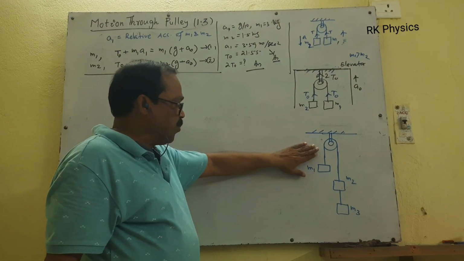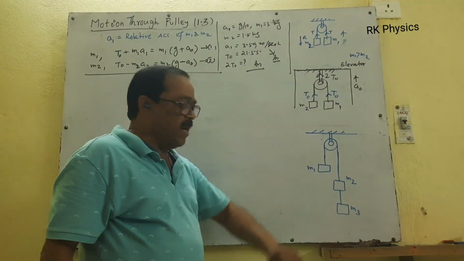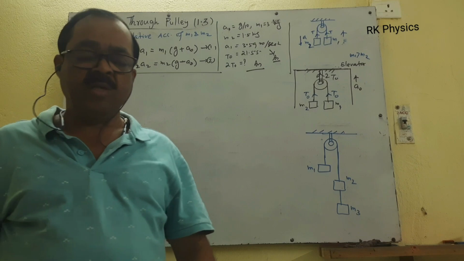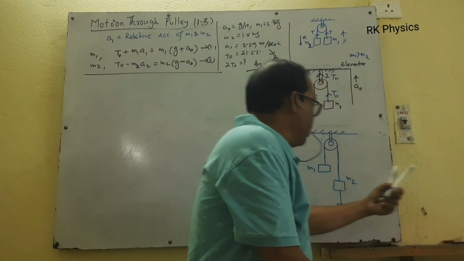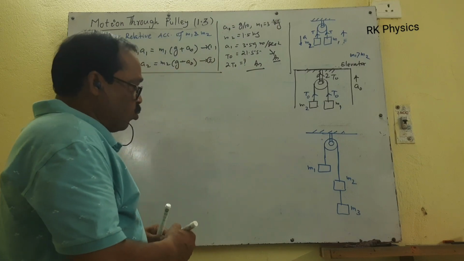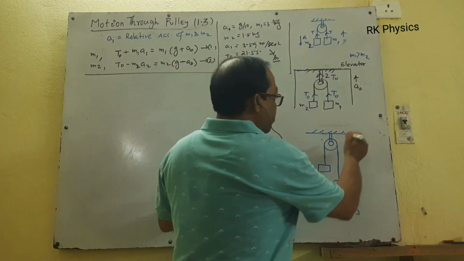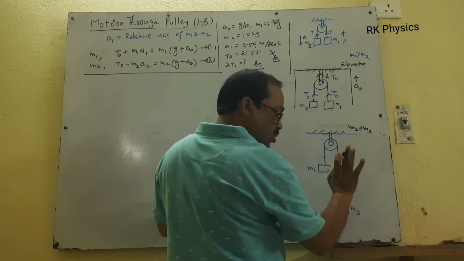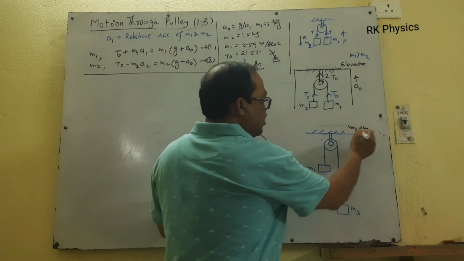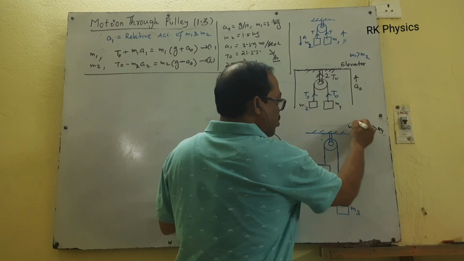Then come to another application: three masses. If two masses are on one side and another mass is on the other side, how can you solve this type of problem? Here there are M2 plus M3 on one side. In general, take this as heavy in comparison to M1.